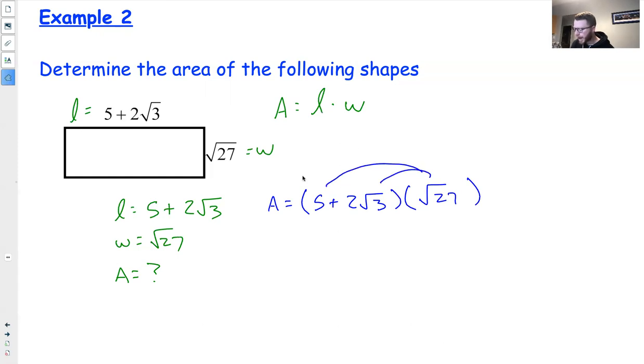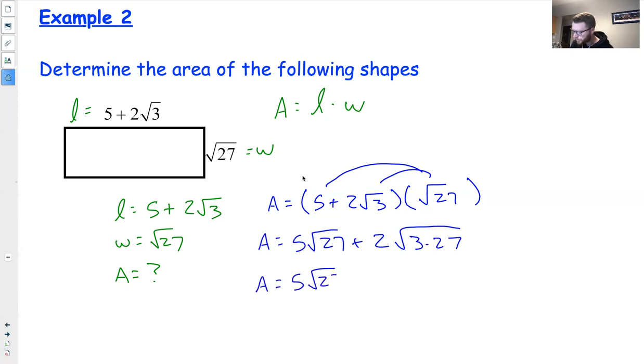I know I set it up a little backwards, but that's okay. We'll distribute that root 27 into the other bracket. So that will give us 5 root 27 plus 2 root 3 multiplied by 27. And 3 times 27 is 81.